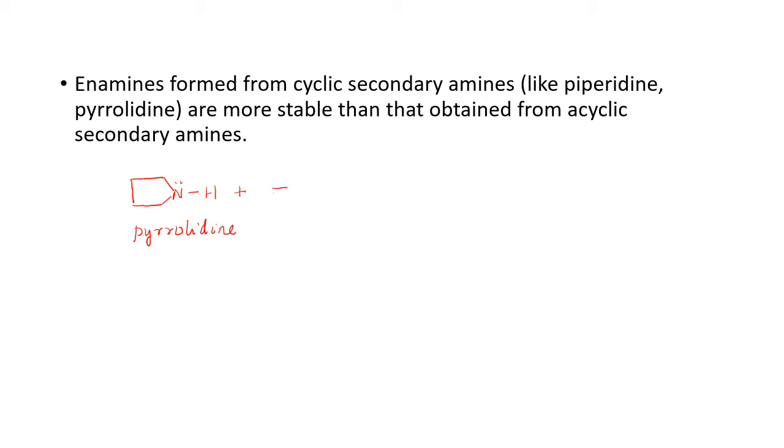When it condenses with a cyclic ketone, cyclohexanone, here also alpha hydrogens are present, and we get an enamine having this structure, that is alpha beta unsaturated amine.